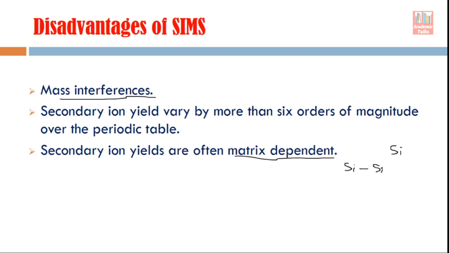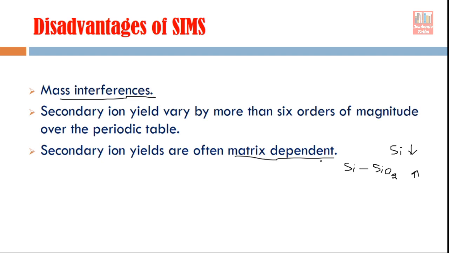In SiO2, the yield of silicon is very large. But if we talk about a silicon wafer, where silicon is present in very pure form with no bonding with any other species, the yield of silicon is comparatively low. That kind of effect is known as the matrix dependent effect.